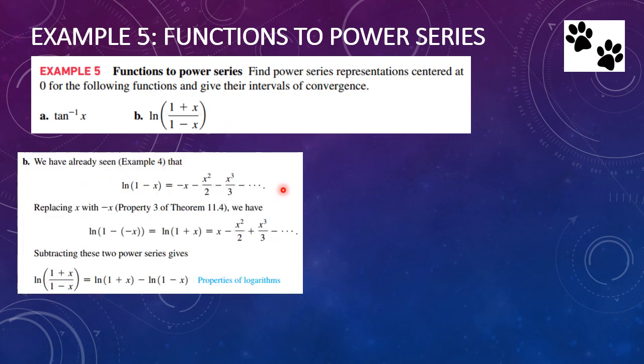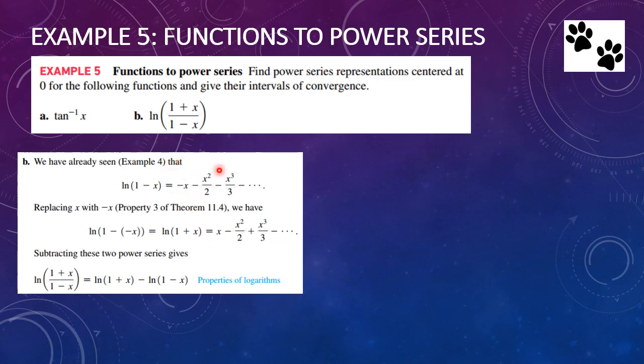The natural log of 1 minus x equals negative x minus x squared over 2 minus x cubed over 3, etc. Okay? If we replace x with negative x, which is what we can do based upon theorem 11.4, composition, then we can plug that in and we get 1 minus negative x, which of course is the natural log of 1 plus x.